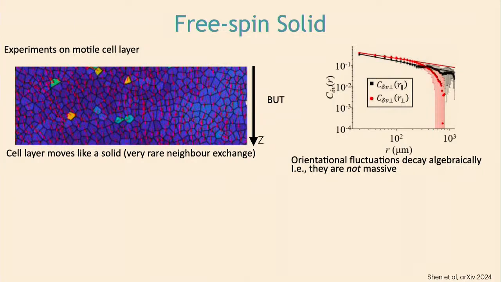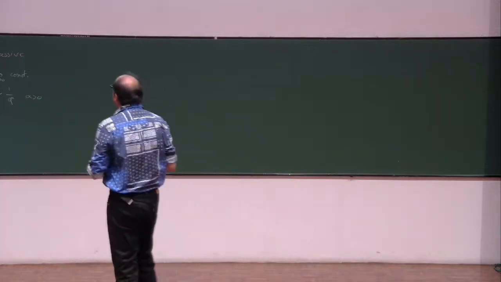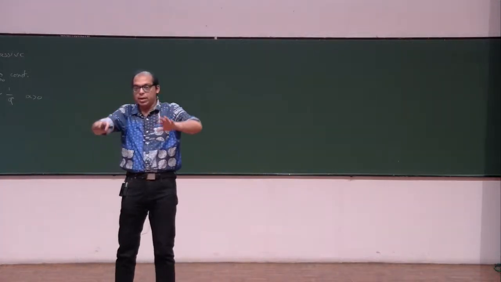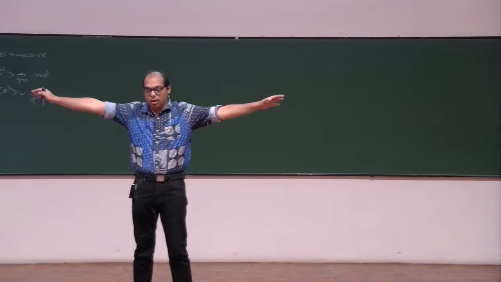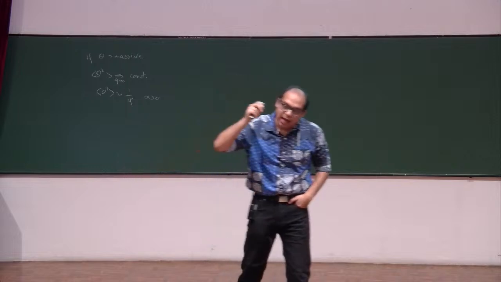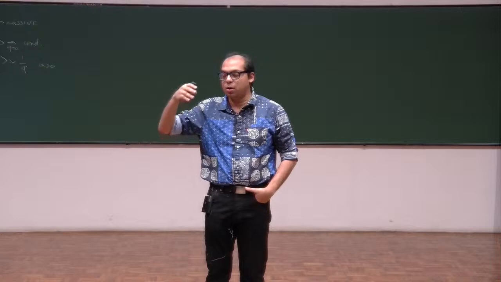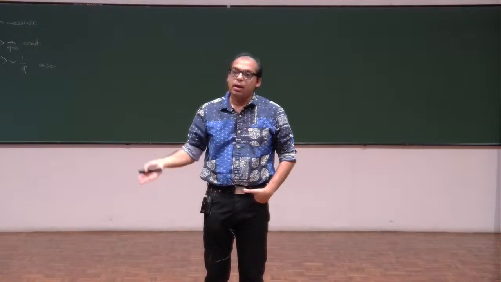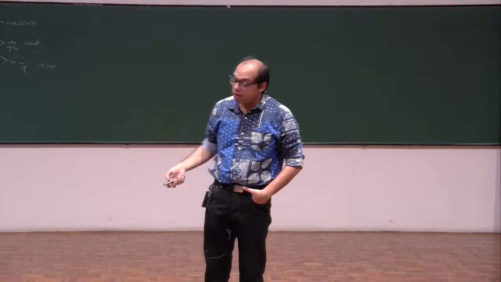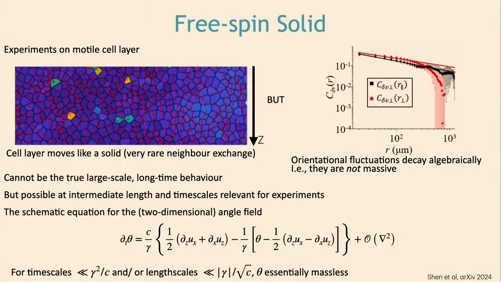Yes, so the point is, if you really coarse grain a microscopic model to really large scales, you will get the dynamics of a solid that I showed you previously. In that dynamics of a solid, there is not going to be a soft mode for orientational fluctuations. The point is, you have a coefficient in that. When you do the coarse graining, you will basically get an equation for the angle field of this form.